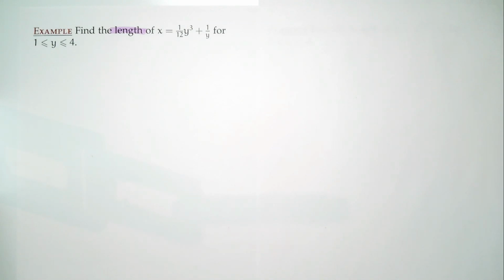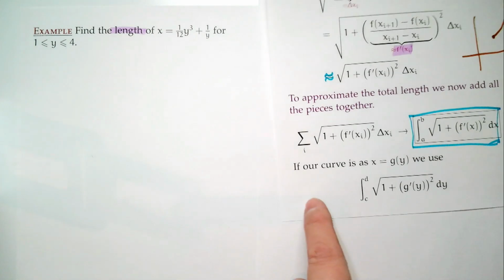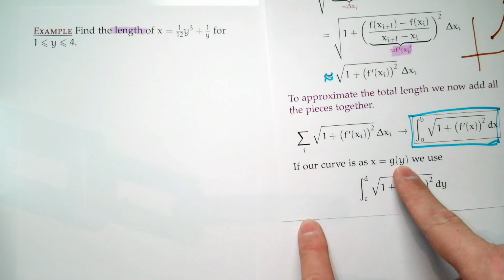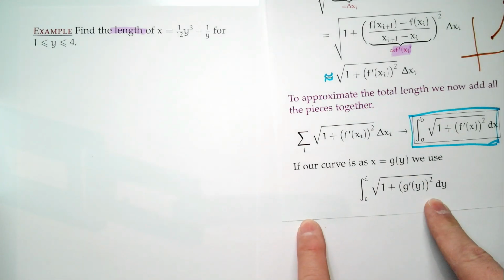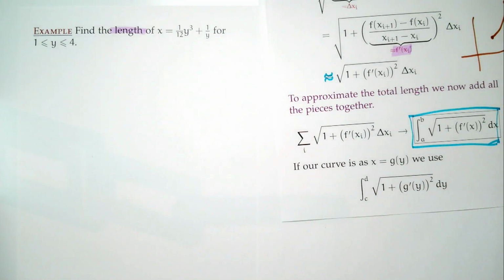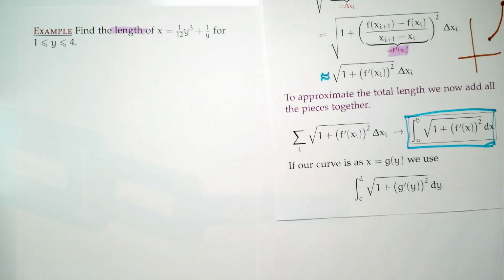Well, we say, look, there was nothing special about x. We said we could still apply a similar formula if we had things in terms of y. So remember, if we have x as some function of y, we can still do a similar thing. It's the same process, same formula. We just change our mindset about what's our variable.